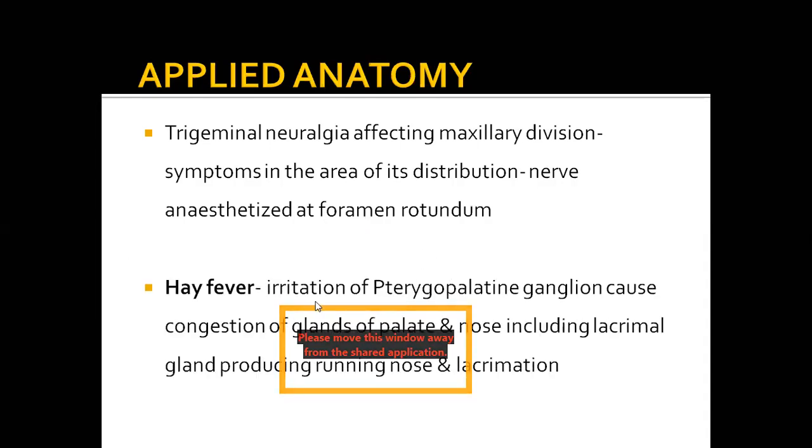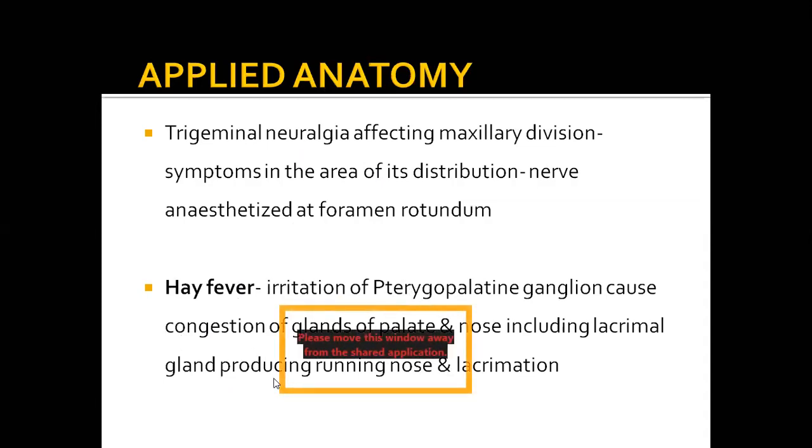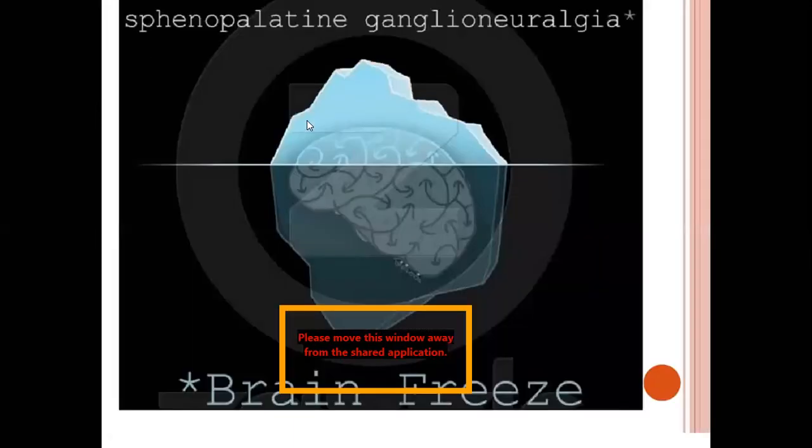If there is any irritation or infection of the pterygopalatine ganglion, it causes a condition called hay fever or sphenopalatine ganglion fever, which causes congestion of the glands of the palate and nose, including the lacrimal gland, producing a running nose and lacrimation. It will even be associated with fever. So it is also called the hay fever ganglion.